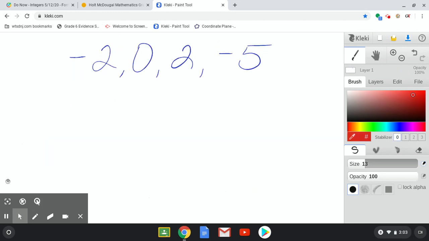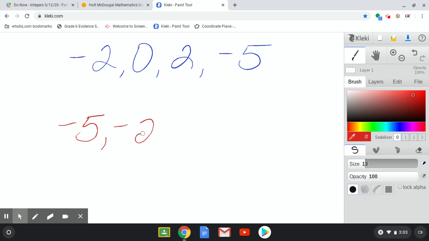Okay, so now if I wanted to put these numbers in order, and let's say my order is least to greatest, okay? So remember, the larger the negative, the smaller the value. So my smallest number out of my set here, I have a negative 2, a 0, a 2, and a negative 5. So my negative 5 is going to be my smallest number.